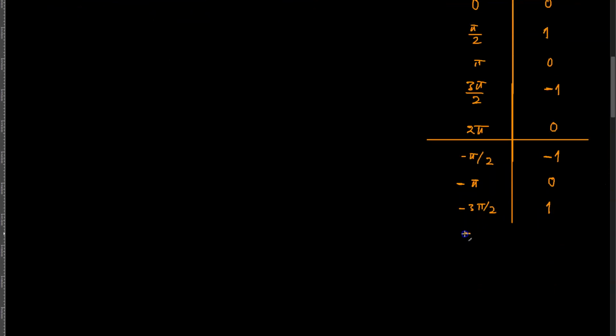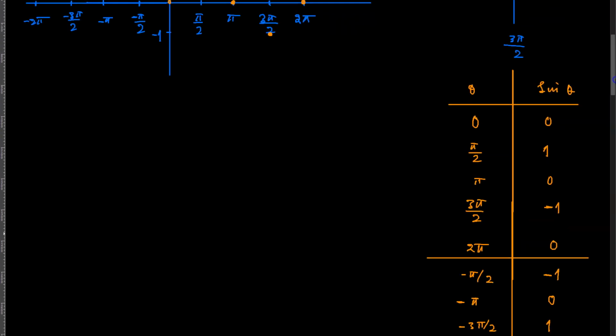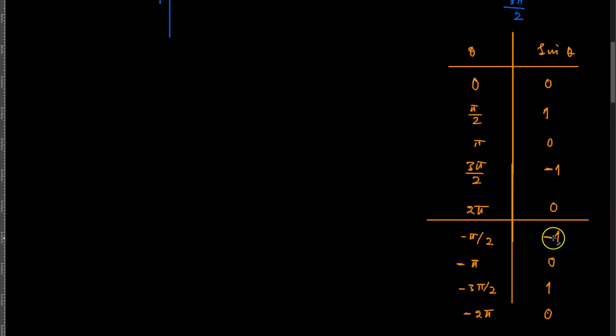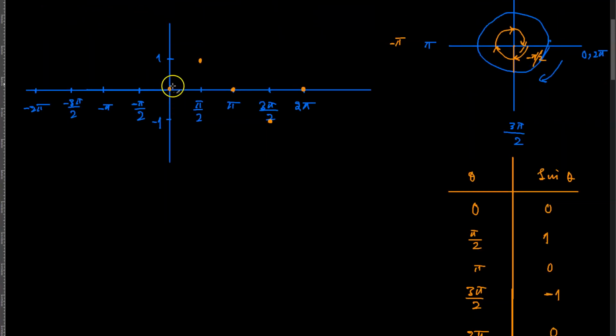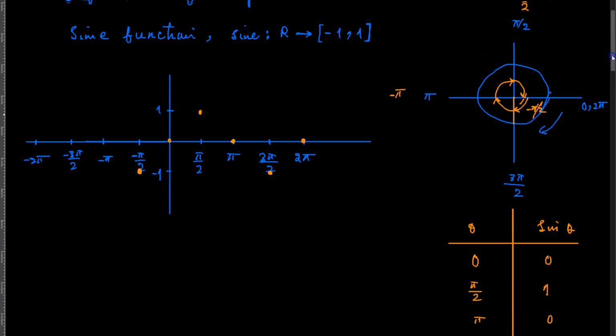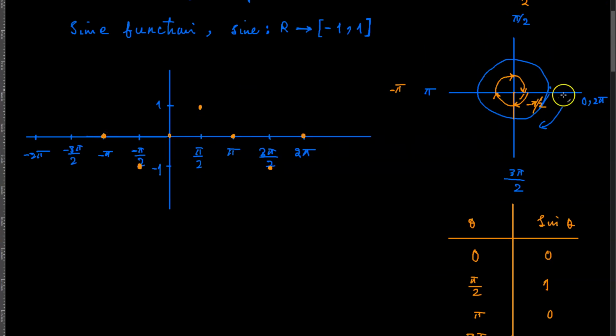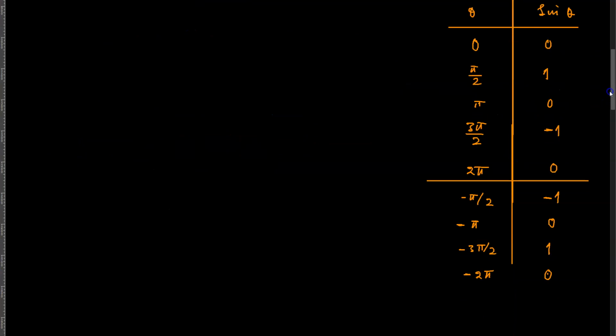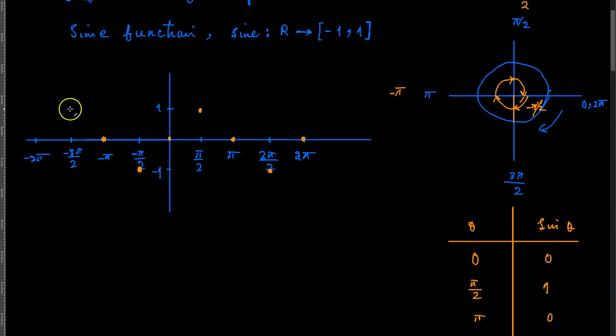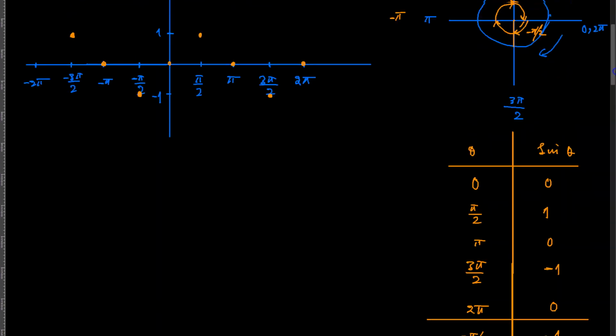And so you have negative 2 pi. The sine of negative 2 pi is equal to 0. Which means that the sine of negative pi by 2 is equal to negative 1, the sine of negative pi is equal to 0, the sine of negative 3 pi by 2 is equal to 1, and the sine of negative 2 pi is equal to 0.